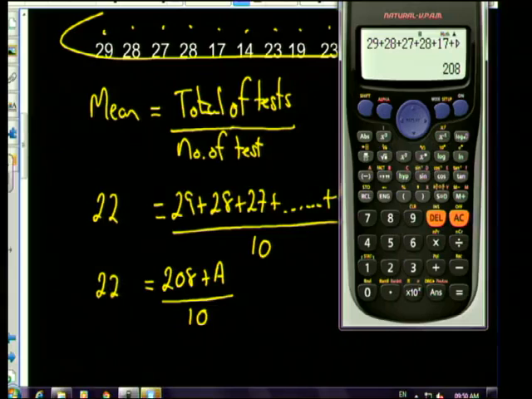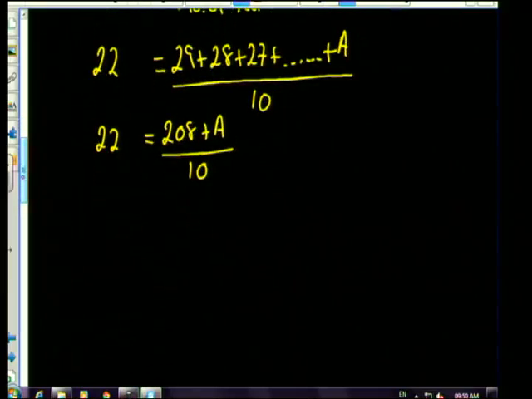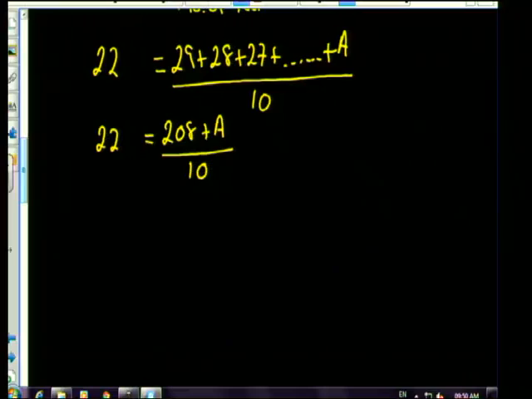So what am I now going to do? I'm now going to say, right, I want to find out what is the value of A. What is the A by itself? So let's get rid of all those other numbers until I have A standing by itself. First thing I'm going to do is take this 10 across. How do I get rid of this 10?